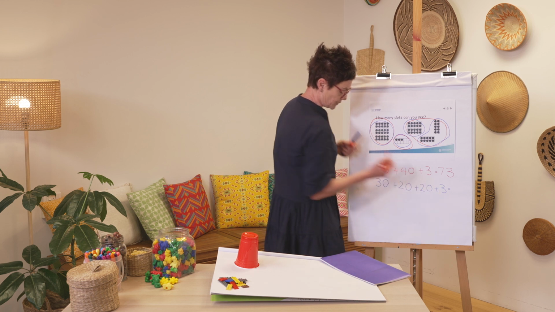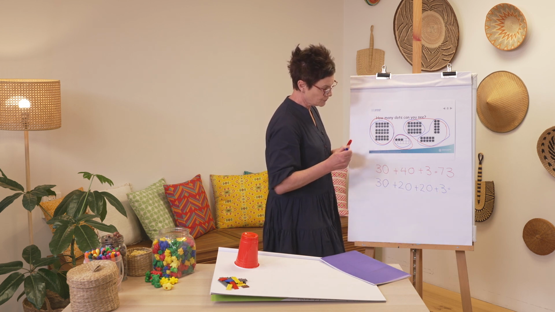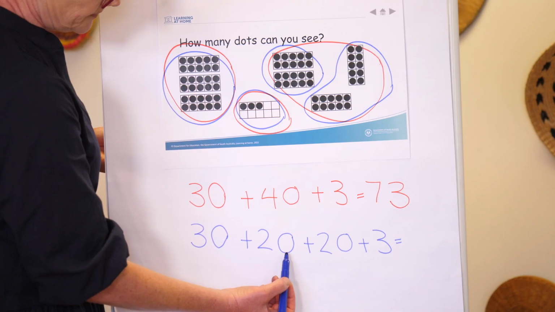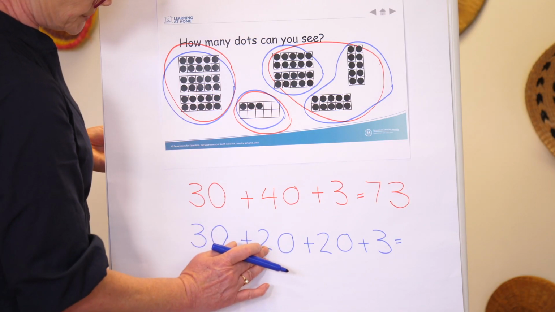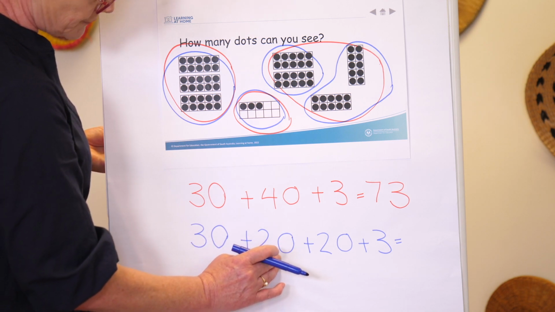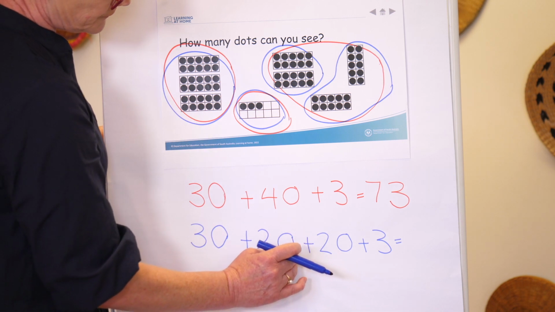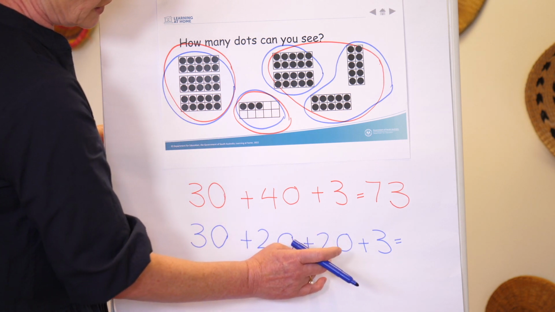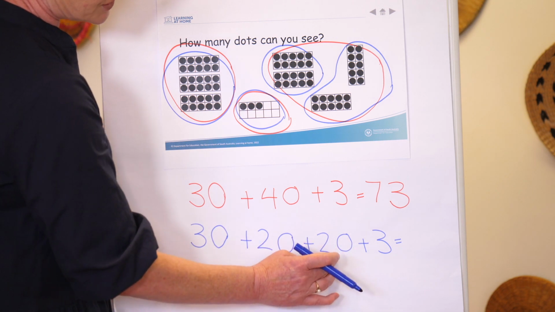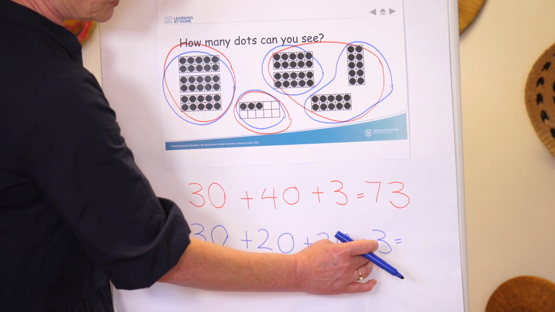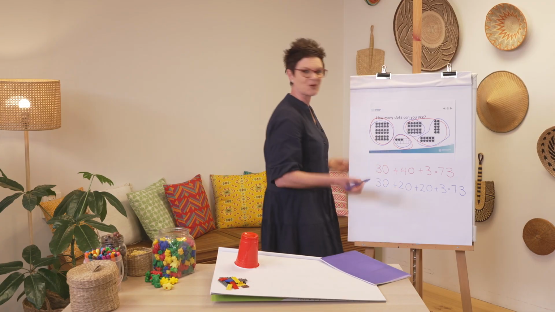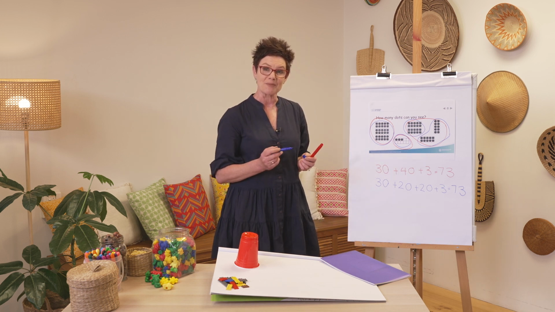Let's check our blue line. 30 plus 20, 3 plus 2 is 5, 30 plus 20 is 50, 50 plus 20, 5 plus 2 is 7, 50 plus 20 is 70, plus my 3 ones, 73. Great warm-up. I wonder if yours looked like mine.